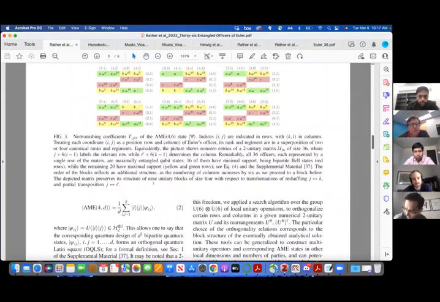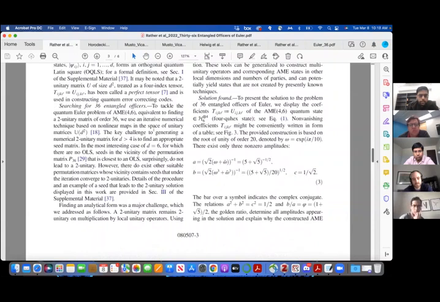So in their paper, they mention that we use an iterative numerical technique based on unitary matrices to find this 2-unitary matrix of order 36. So although the solution is analytical, they used some numerics to find it.